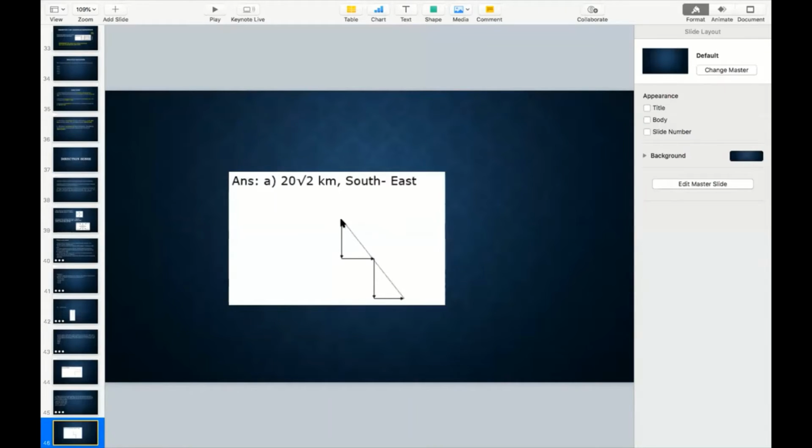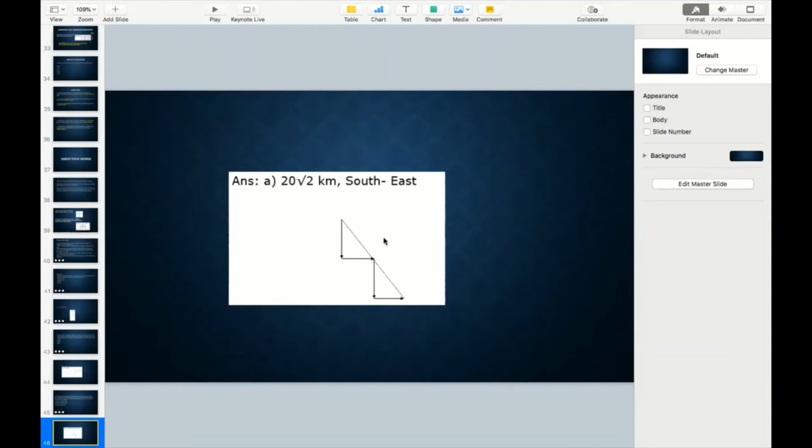When you join the initial position and the final position, a lot of you might find it difficult to calculate the distance. So guys, whenever you are finding the shortest distance, you always need to make a triangle. Try to complete the triangle and then use Pythagoras theorem.